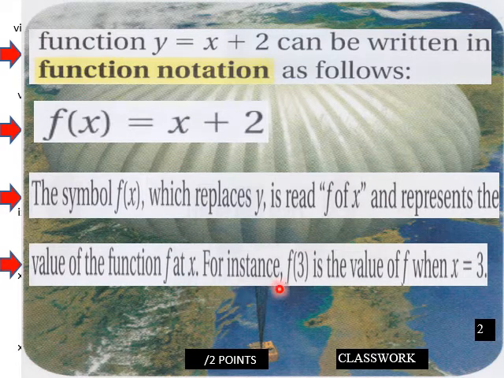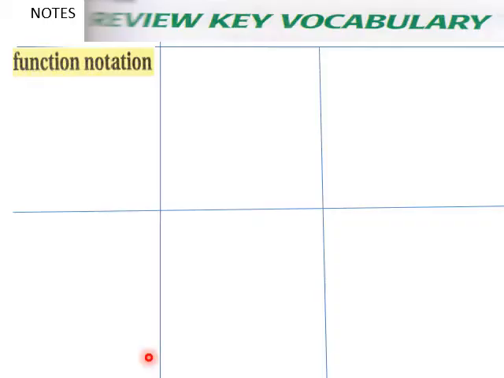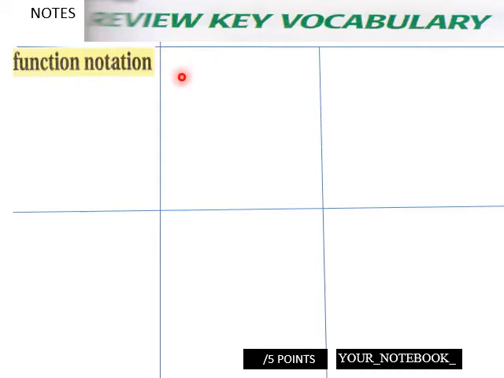For example, f of 3 is the value of f when x equals 3. So when you plug in 3, you'll find f of 3 equals 3 plus 2. Okay, students, in your own words, define function notation in your notebook. This is page 3 of 8 points.